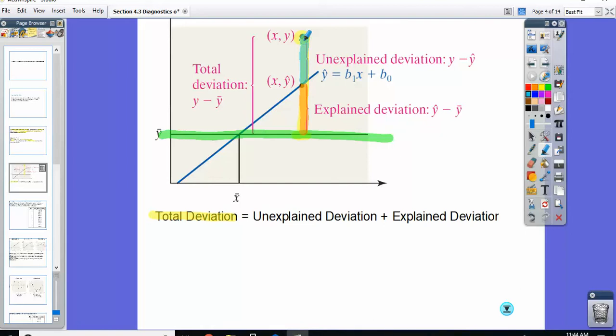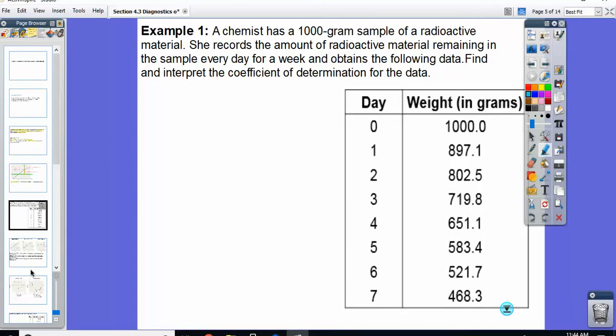Any questions so far? So what I want to do first is let's actually find the r squared, the coefficient of determination here. So to do that, we're going to use our calculators.